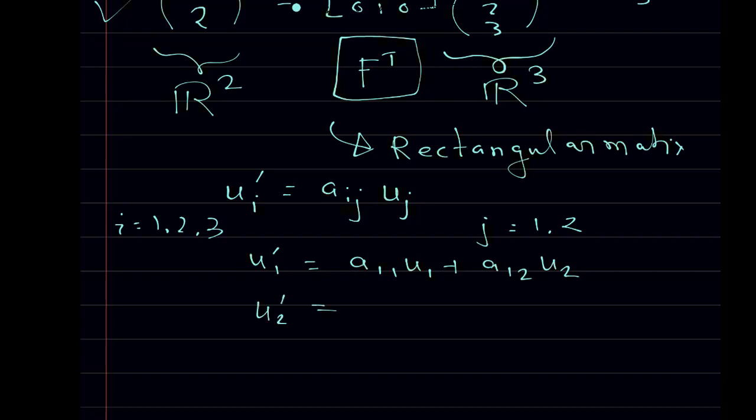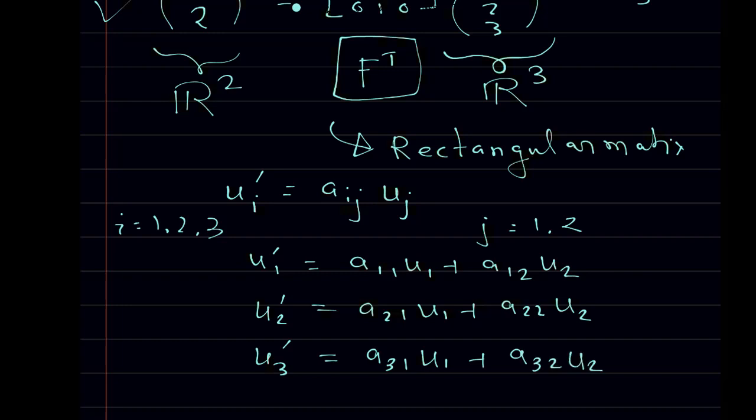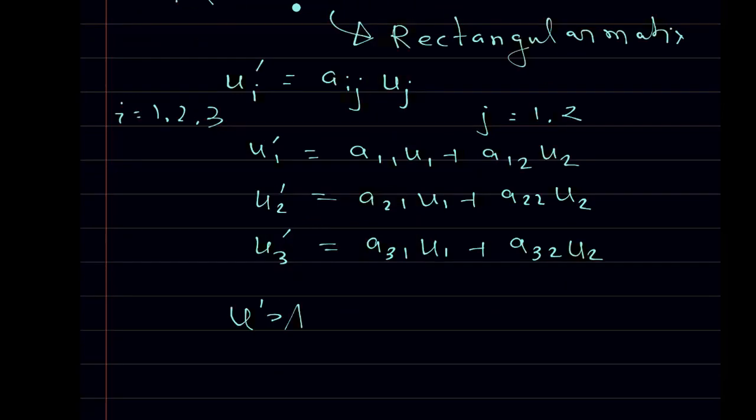U2 prime is equal to A21 U1 plus A22 U2. U3 prime is equal to A31 U1 plus A32 U2. So as you can see, if I write it in short notation, U prime is equal to AU, then the matrix A that transforms the basis is no more a square matrix, but it is a rectangular matrix.